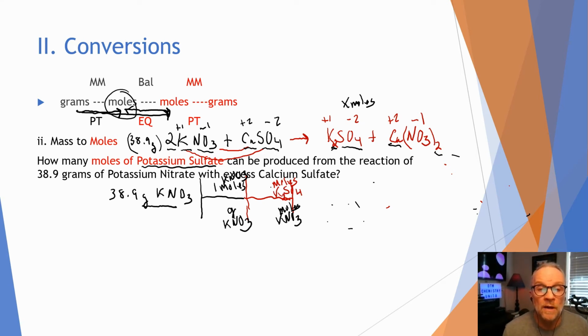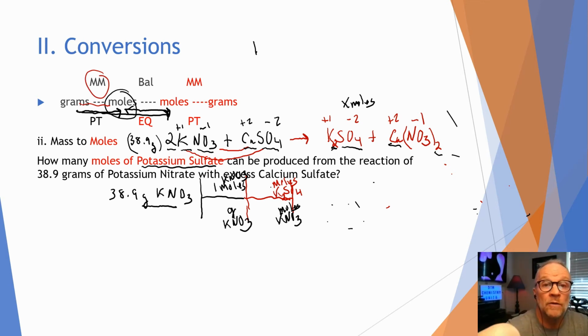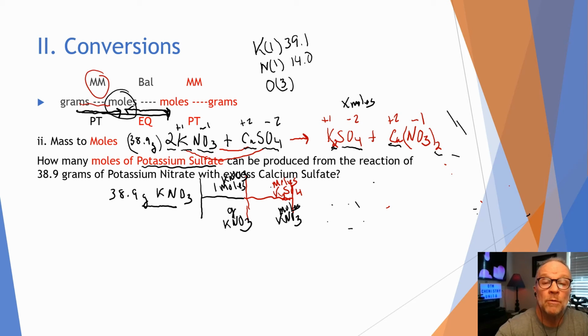So the first one will need the molar mass, because when you go from grams to moles, you need the molar mass. So let's do the molar mass of potassium nitrate. We have 1 mole of potassium in the compound, 1 mole of nitrogen, and 3 moles of oxygen. Potassium's 39.1 grams per mole, nitrogen's 14 grams per mole, and oxygen is 16 grams per mole.